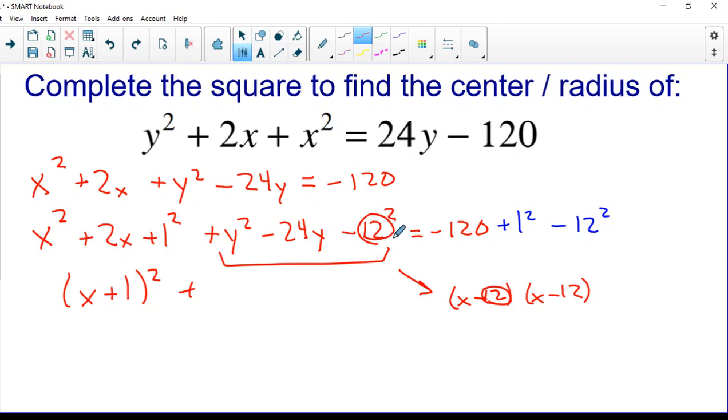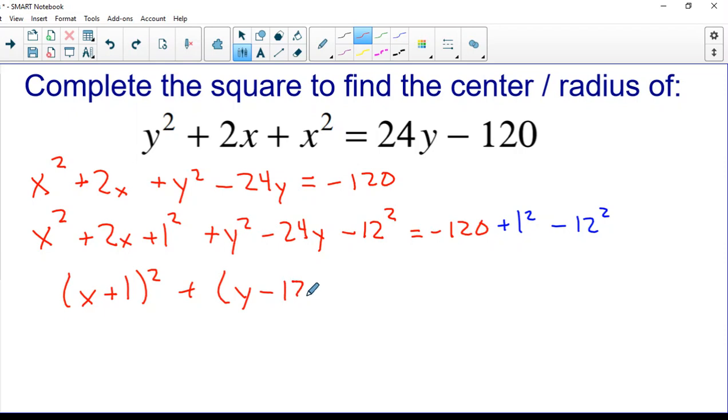So I saved myself a step by not squaring this. So let's rewrite that. This is just going to factor to y minus 12 squared. You could write that as minus 144 and factor that, but I just know that whatever this number is, it's going to be the same number here. So I'm saving myself a step.